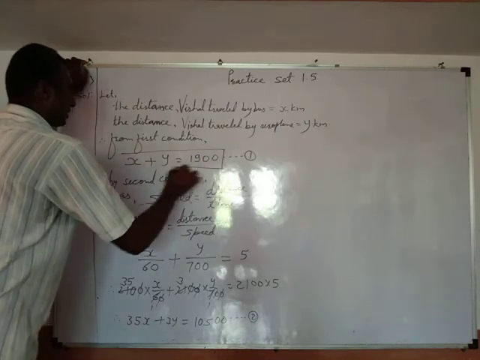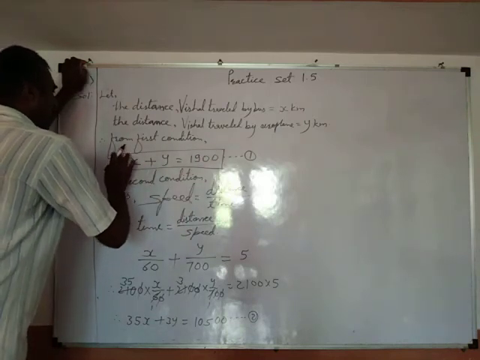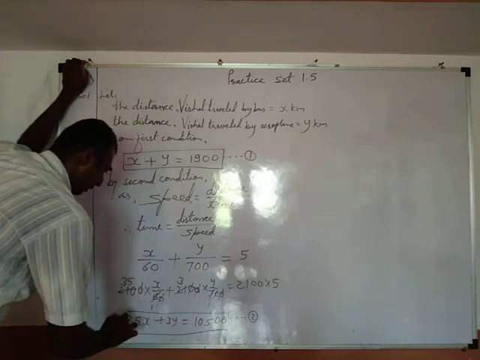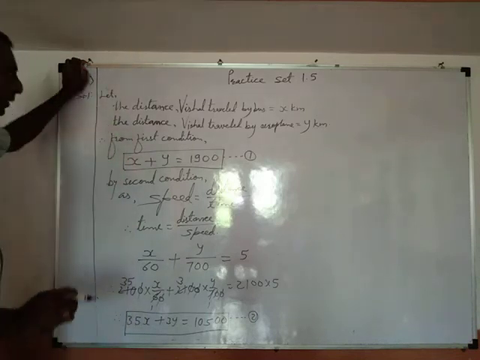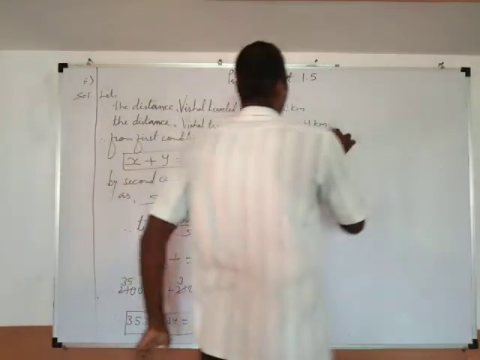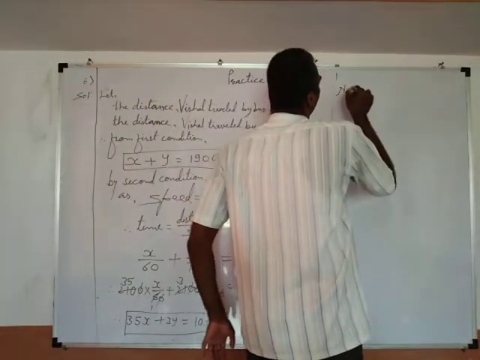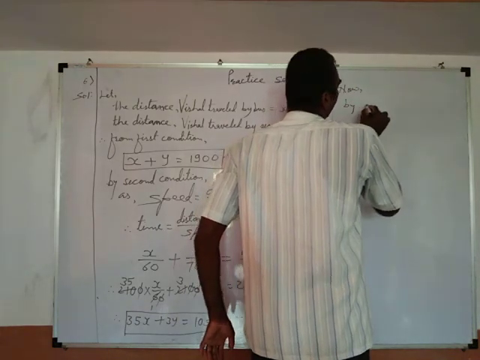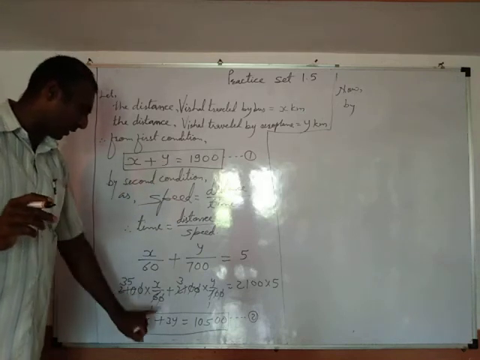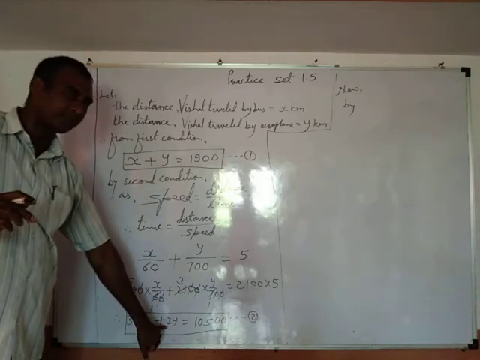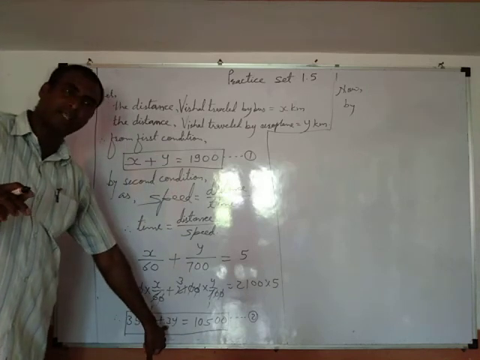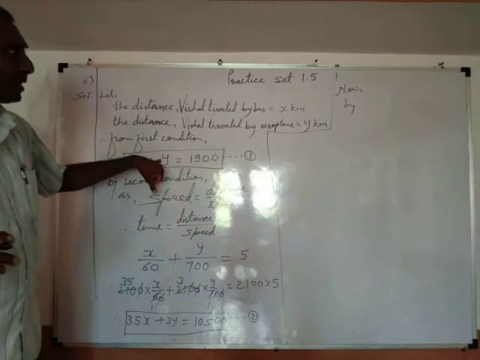We have equation first, x plus y equal to 1900, and equation second is 35x plus 3y equals 10,500. Now, the coefficient of y in the first equation is 1, and in the second equation it is 3. Let's multiply equation 1 by 3.